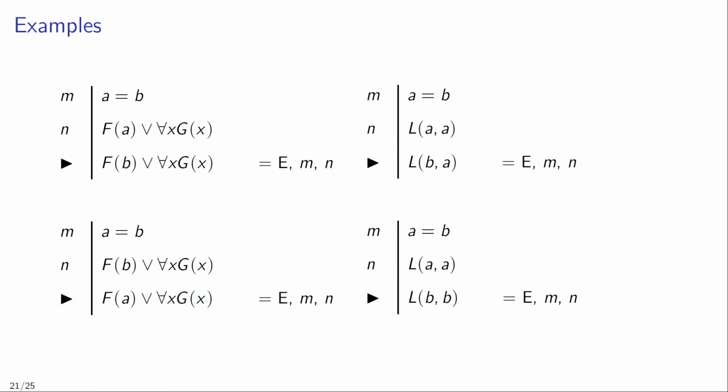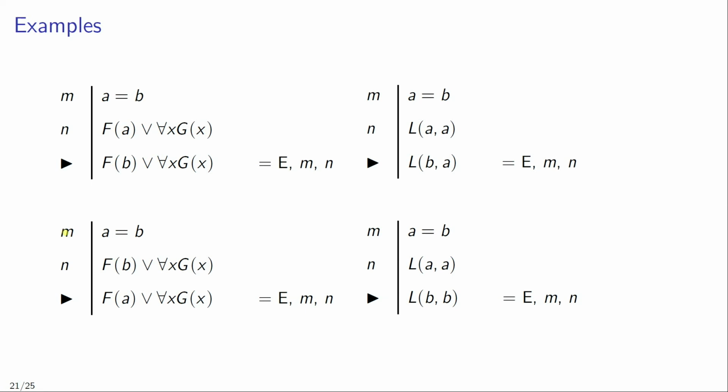Let's start in the top left corner. Suppose that in line M we have the sentence A equals B, and in line N we have the sentence either FA or all X are G. You can then infer that either FB or all X are G and justify this inference by identity elimination applied to lines M and N. Now, this works symmetrically.